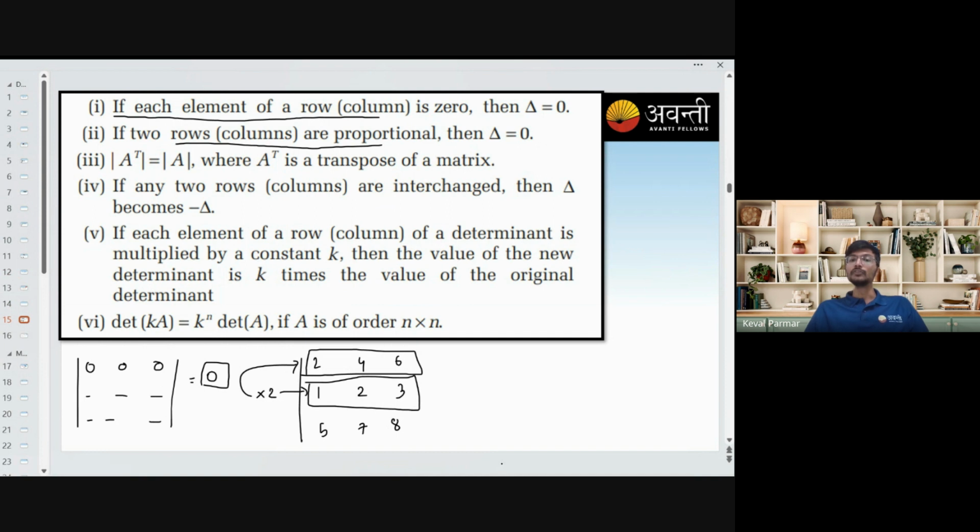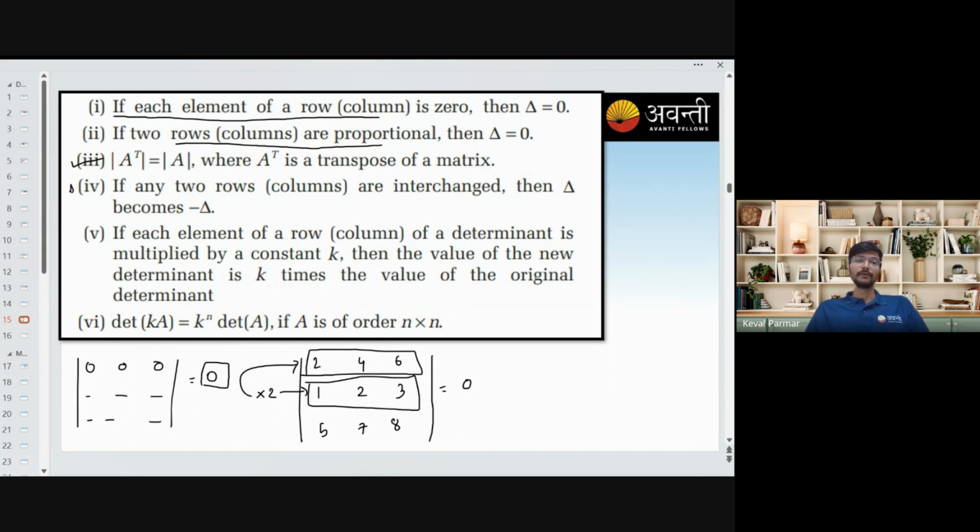Correct? So that's why this is proportional. That means its value will also be equal to 0. This third one we'll study in matrices just now, after some 15-20 minutes.